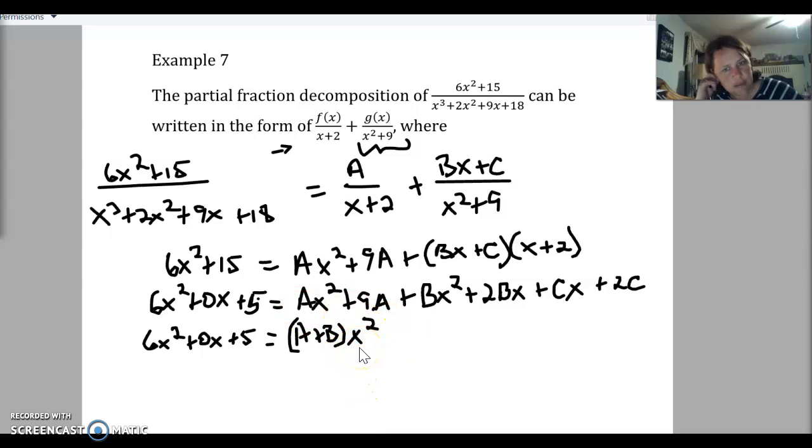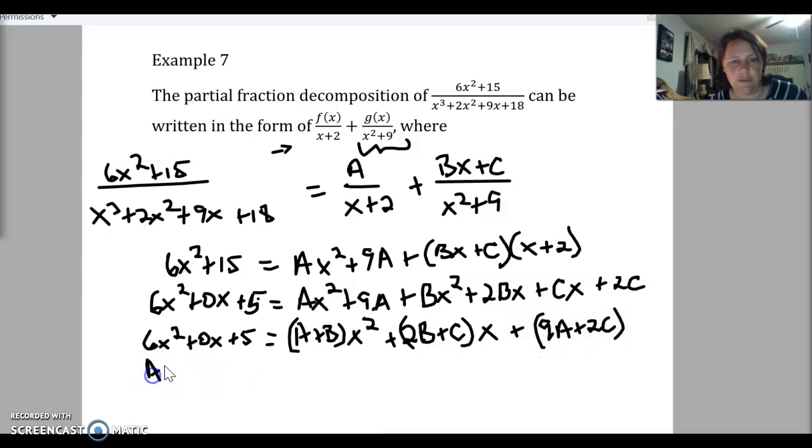So a plus b for the x squared term, and then 2b plus c for the x term. And then for our constant, we are going to have 9a plus 2c.